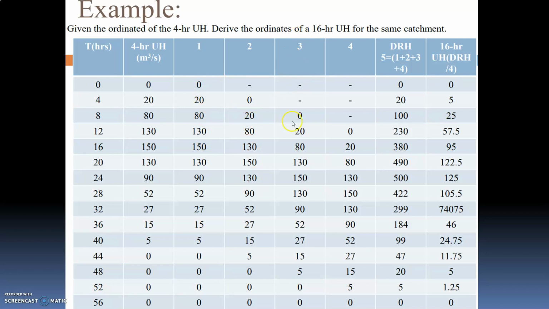Next, in the third column, you have to start from 8 hour. Again the same ordinates 0, 20, 80, but starting from 8. Next is 12. Again 0, 20, 80, 130, but from 12. So the first one is the given value, written directly.